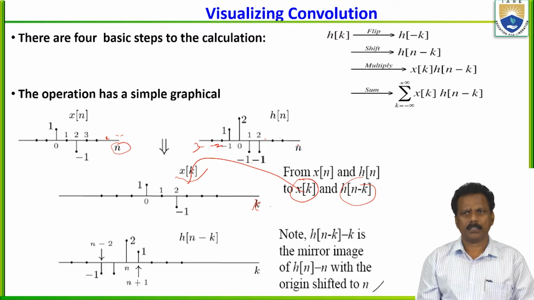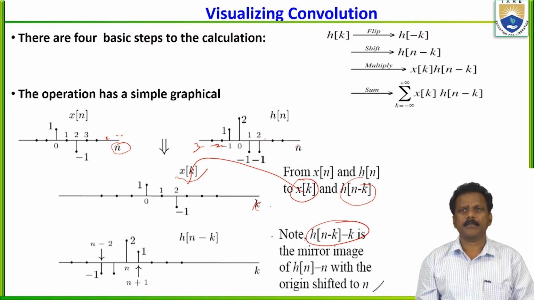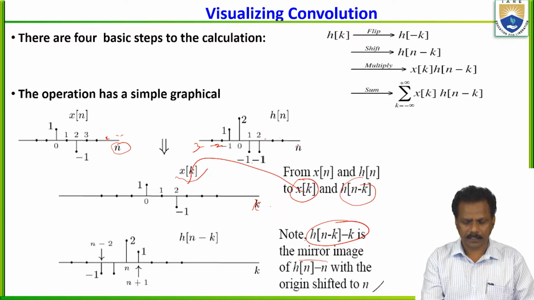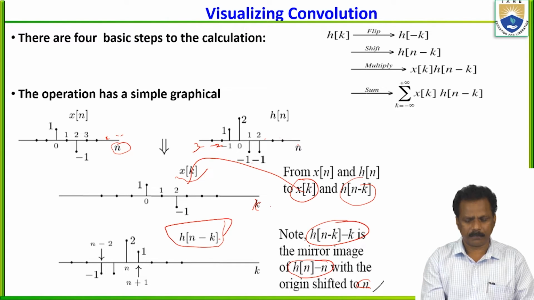Here h of n minus k is the mirror image of h of k, with the origin shifted to n, like this.